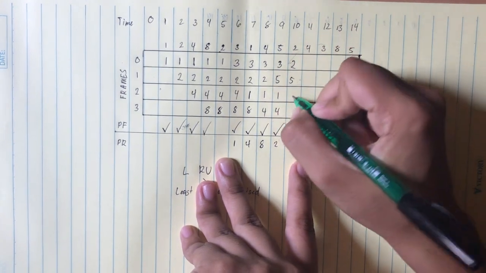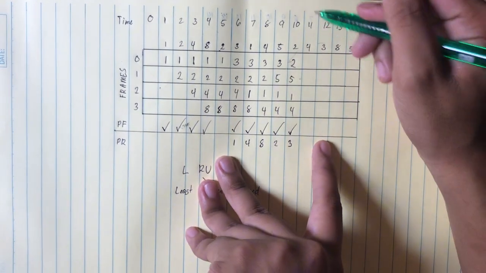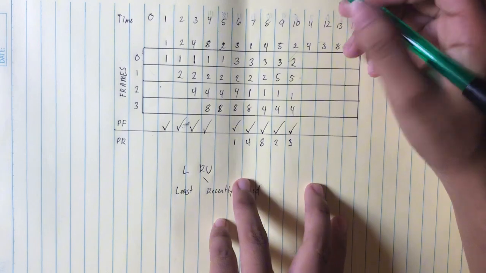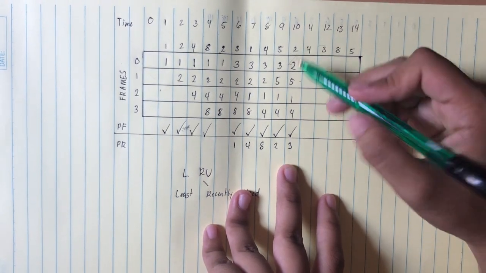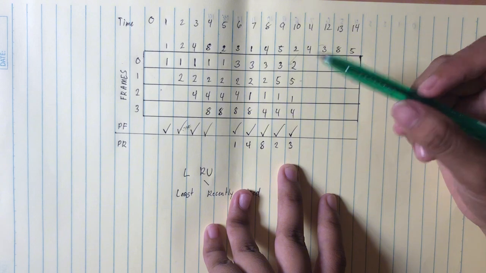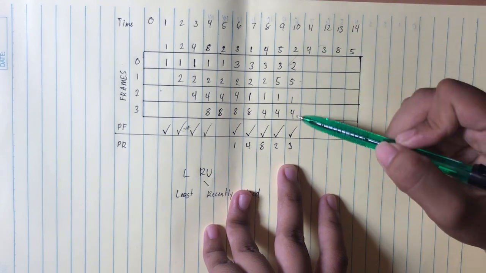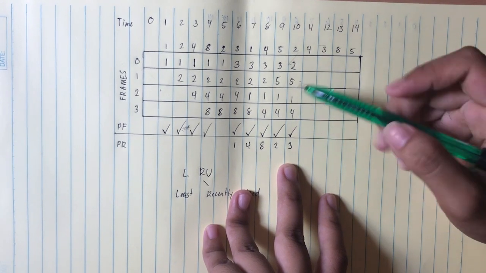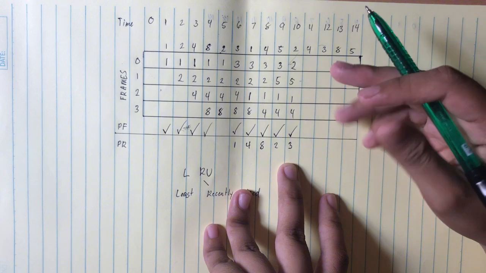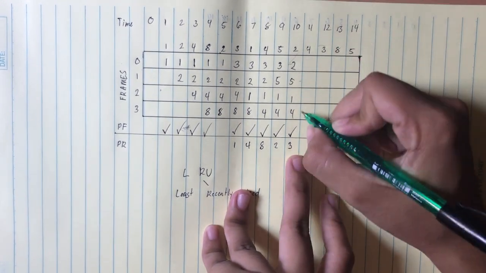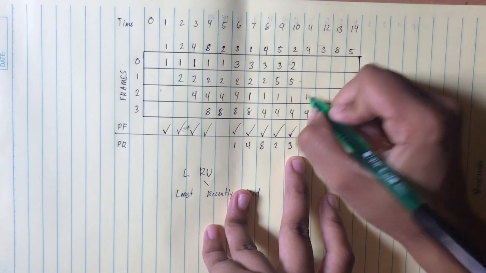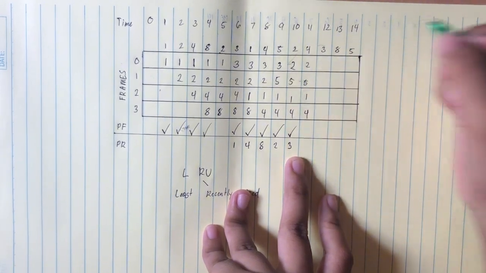Copy the rest. Time 11. 4. Now look at this. Since we already have 4 here, we're just going to copy and there will be no replacement. So we're just gonna copy 4, 1, 5, 2.